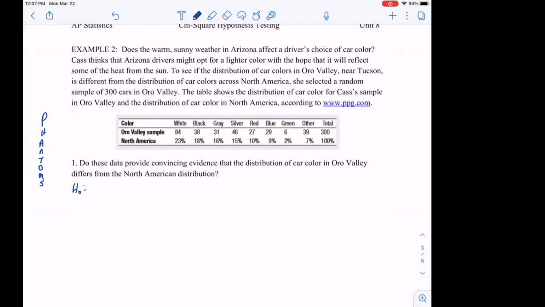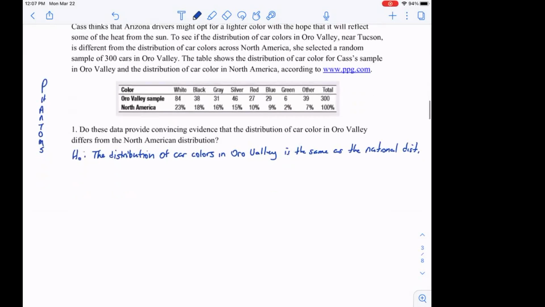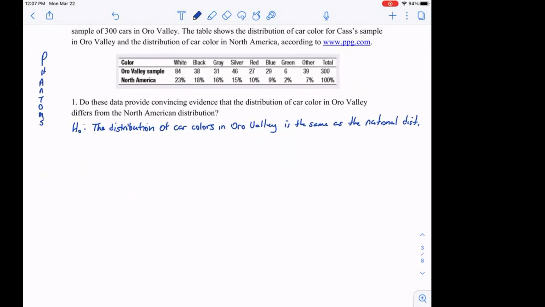Our null hypothesis is the distribution of car colors in Oro Valley is the same as the national distribution. What's our alternate hypothesis going to be?